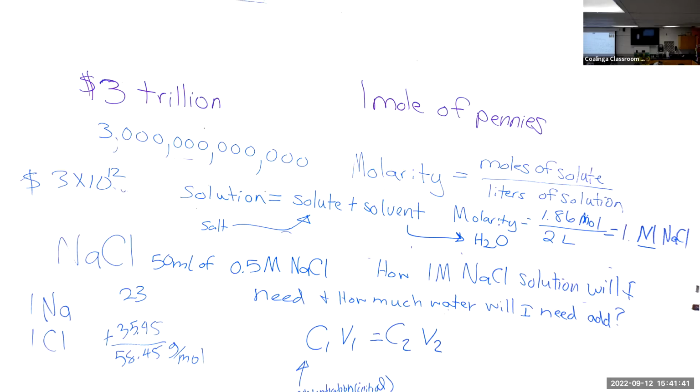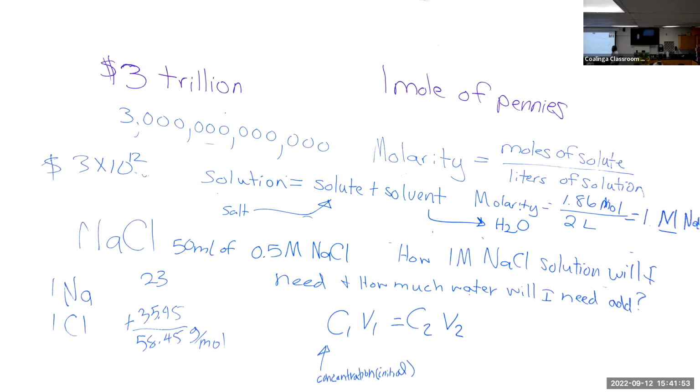We can't see anymore. I need a bigger board. This little one is not working for me. I have a lot to say. Can you guys see that now? Yeah. V1 is the volume.